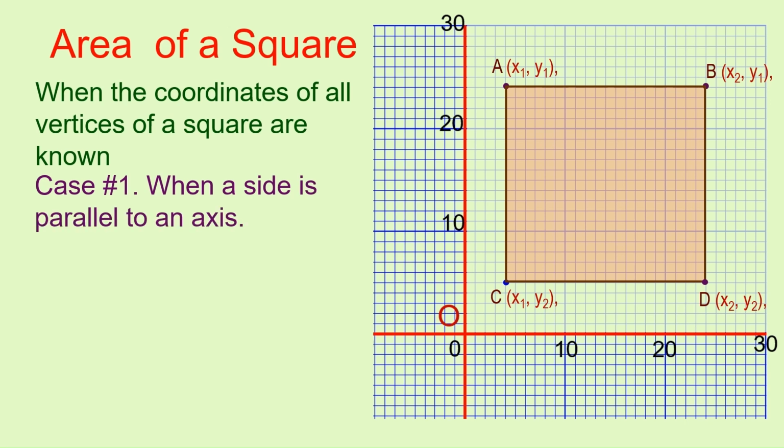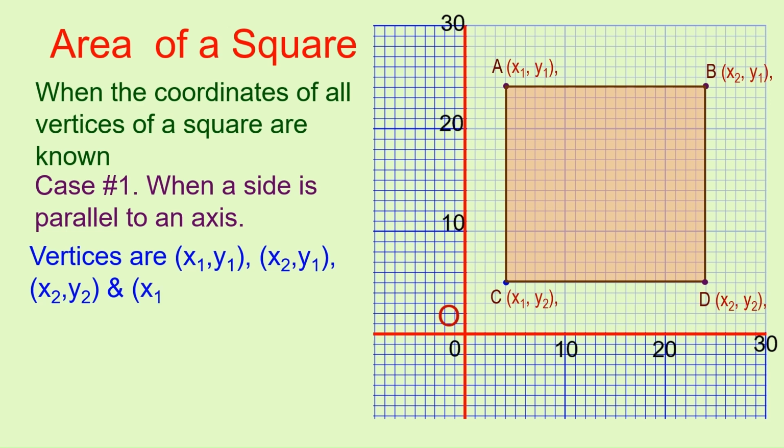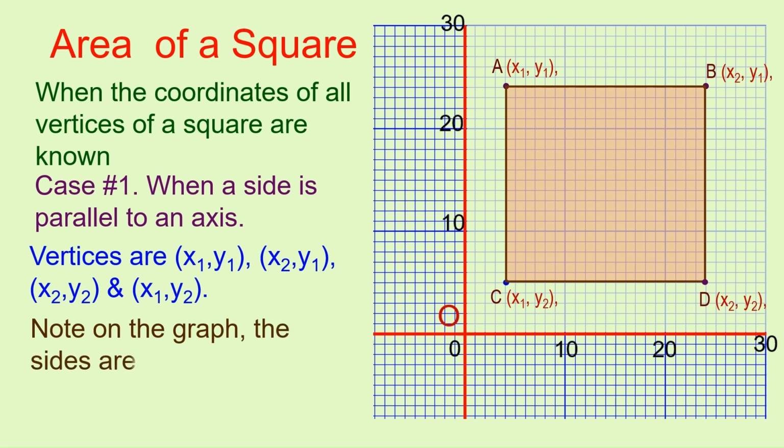Case number 1. When a side of a square is parallel to an axis, vertices are x1, y1; x2, y1; x2, y2; and x1, y2. Note on the graph, the sides are parallel to both x and y axis.